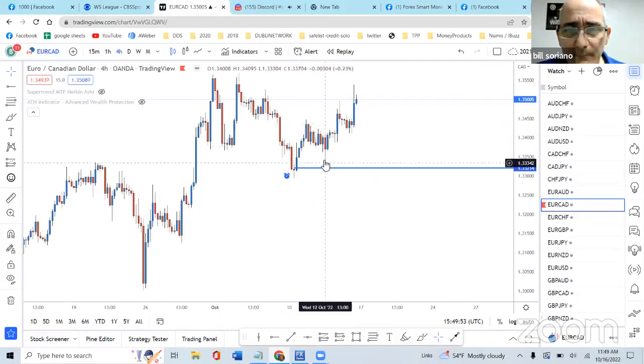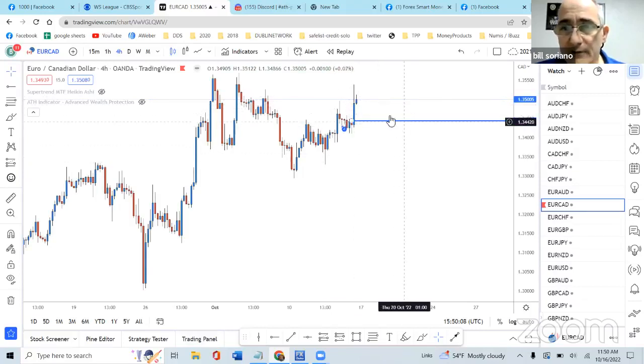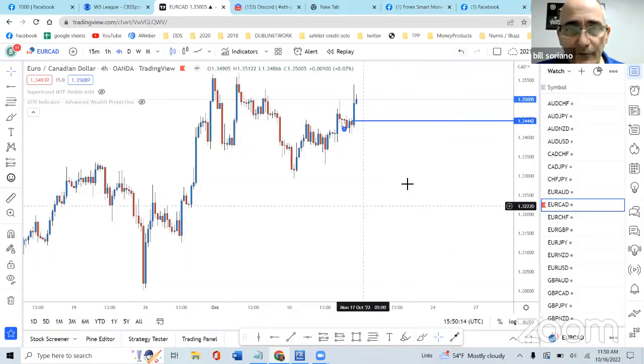We see a move up, right? It breaks this structure right here, move down, we get another break of structure. So we can now move this alert up to this 4-hour banker candle right here, right? And this is now our area of interest. So we're going to look for this to pull back, hit this area, and then go back up further.